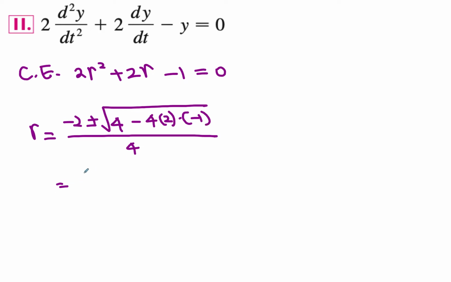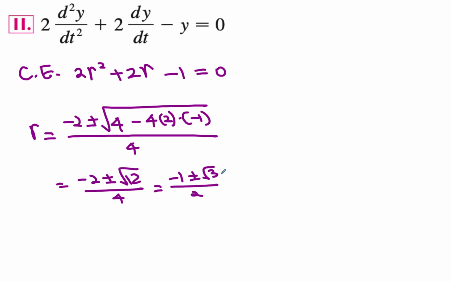Now let's simplify this one. Then we get negative 2 plus or minus, so this becomes 8 and then positive, so the square root of 12 over 4. Then you can easily see that this can be simplified so that we get negative 1 plus or minus square root of 3 over 2.